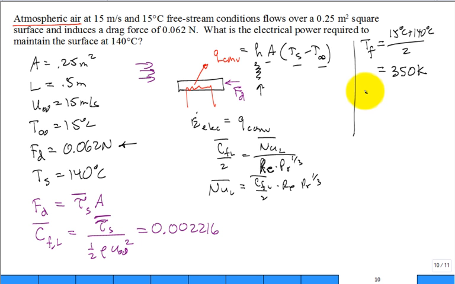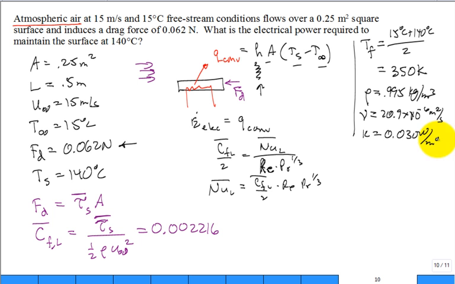So I can get the density that I just needed and used, sorry about that, 0.995 kilograms per meter cubed. I get the viscosity, 20.9 times 10 to the minus 6 meters squared per second. The thermal conductivity, 0.030 watts per meter degree C. And the Prandtl number equal to 0.70.